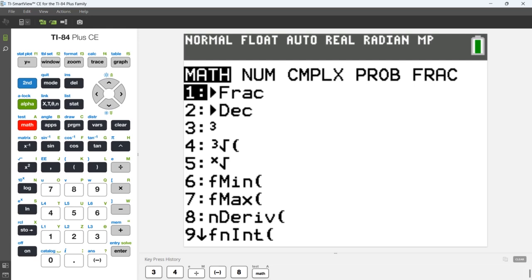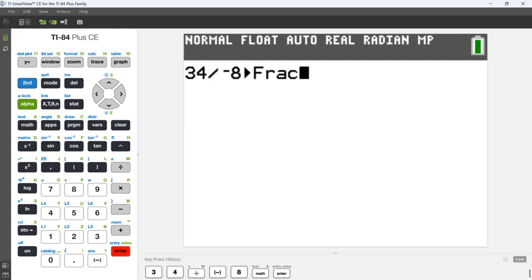And what's kind of nice is that literally the very first option under the Math menu, option number 1, is Convert to Fraction, and specifically convert to a fraction in simplest terms. So if you press Enter, that says, all right, we'll take my number and convert to a fraction. So if I press Enter one more time, it actually will do the simplification for you, which is kind of nice. So negative 17 over 4.